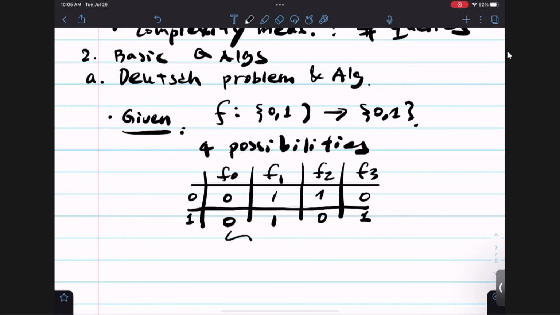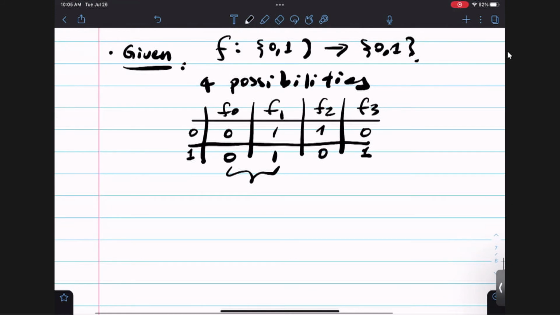You can see the first 2 functions are constant, meaning the outputs are the same regardless of the input. And for the last 2, you have exactly 1 input mapping to 0 and 1 input mapping to 1.